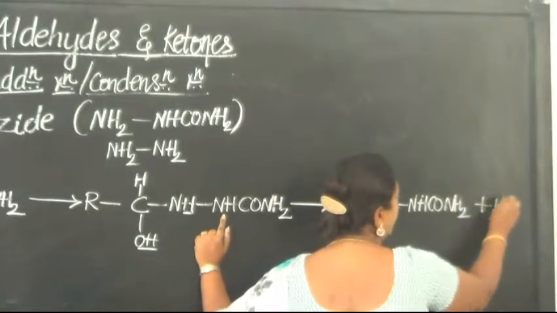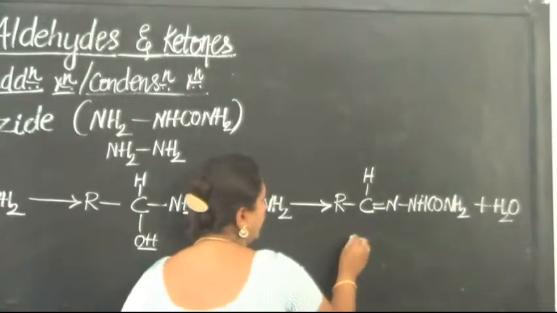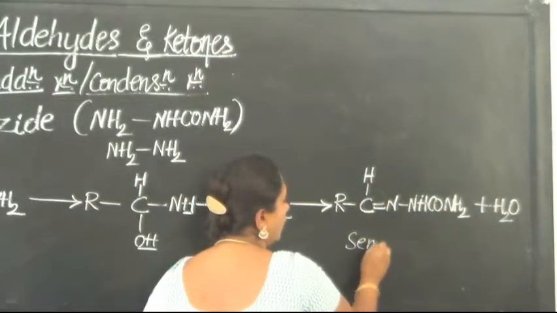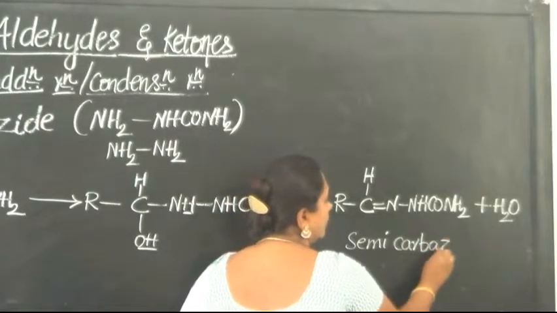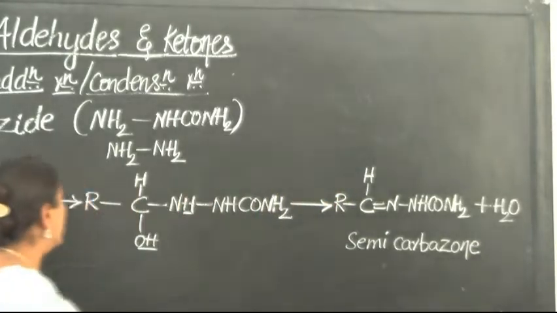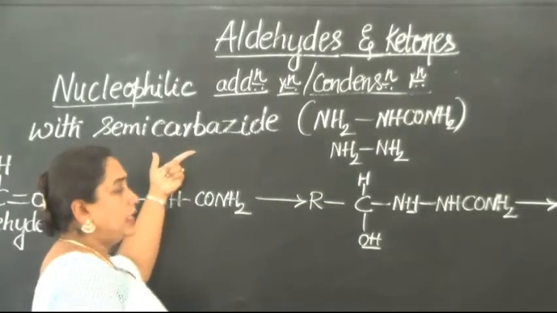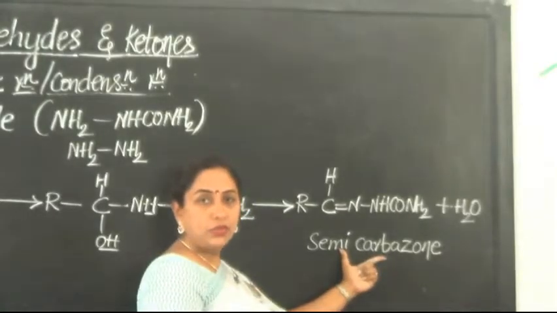Along with that you need to represent water. The product obtained is called a semicarbazone. The point you should remember is, when treated with semicarbazide, an aldehyde or ketone will form the corresponding semicarbazone.